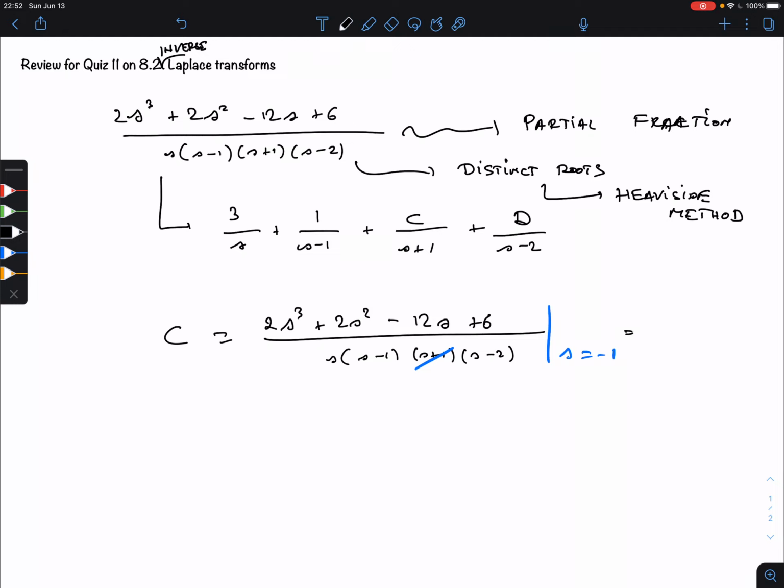So I get a minus 2, plus 12, plus 6, and in the bottom I get minus 1, minus 2, minus 3. So on top this is 18, and in the bottom I get minus 6, so the whole thing is minus 3. So C is minus 3. And then I can get rid of everything.